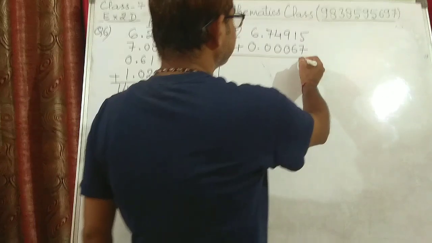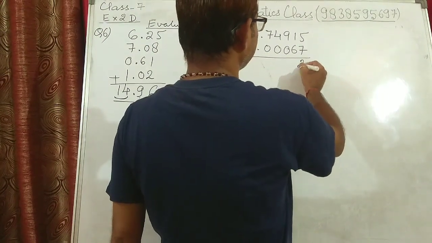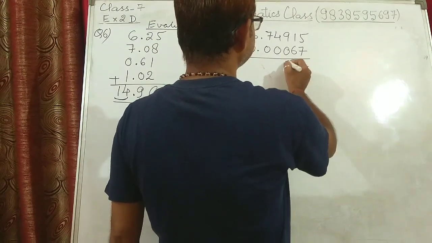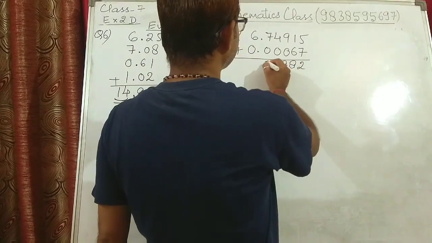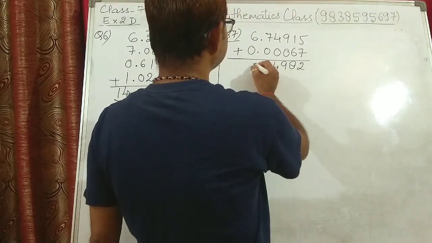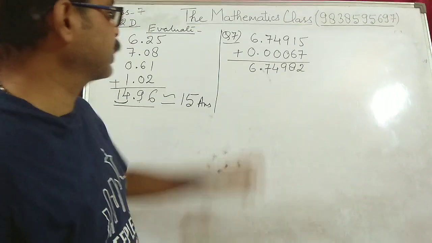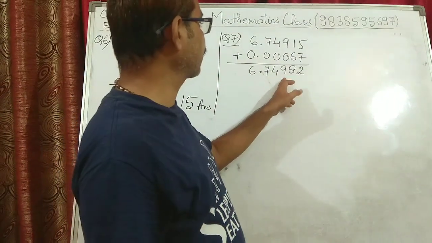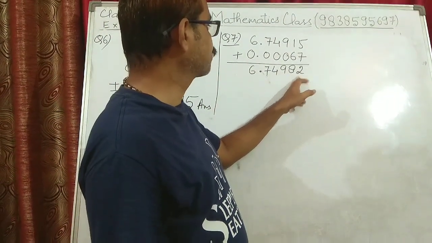When we add, this is 7 and 5 is 12, 6 1 7 1 8, 9 4. After adding we are getting 6.74982.